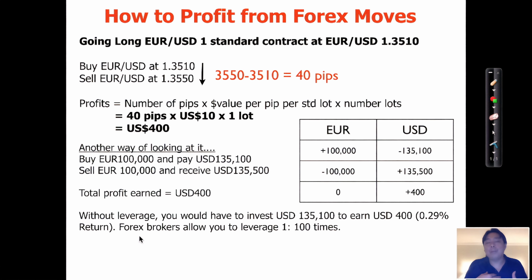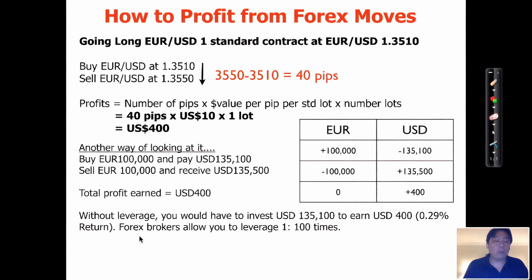For us, we're going to be day traders. We're going to buy and sell on the same day. So to make it worth our while, to have a good return, we need to use leverage. We don't want to put down 100,000 euros in order to make a lousy $400. We want to put in a small deposit to buy the 100,000 euros so that the profit over our deposit is a good return.